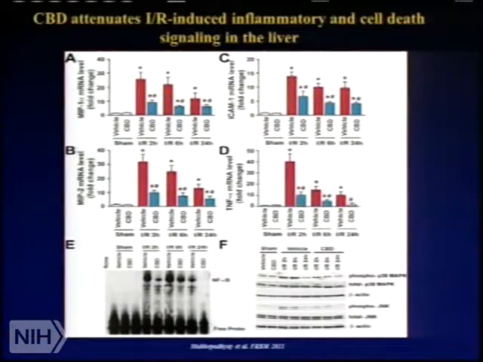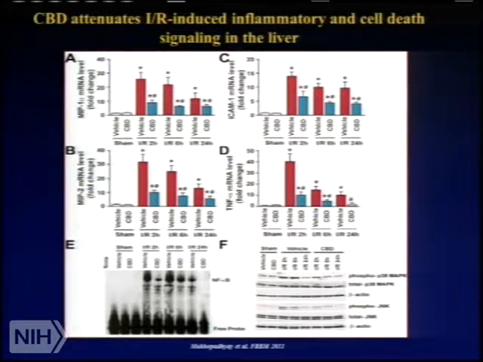And here I just want to also show the complexity of these various pathways. This is a chemokine. You see ischemic reperfusion is always red. The controls are white, with a marked increase and time-dependent decline, which is attenuated by cannabidiol.